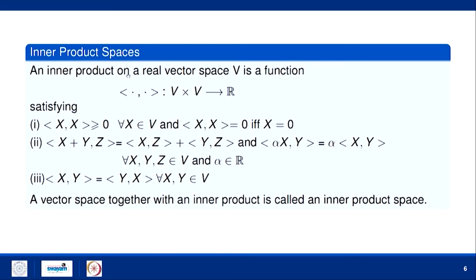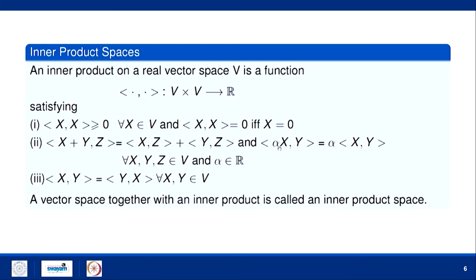So, an inner product on a real vector space V is a function denoted by this symbol, acting on 2 elements of V, so it is from V cross V to R, satisfying that for x belonging to V, the inner product of x with x is always greater than or equal to 0, and it is 0 only when x is 0. If you take the inner product of x plus y and z, then it is equal to the inner product of x and z plus the inner product of y and z.